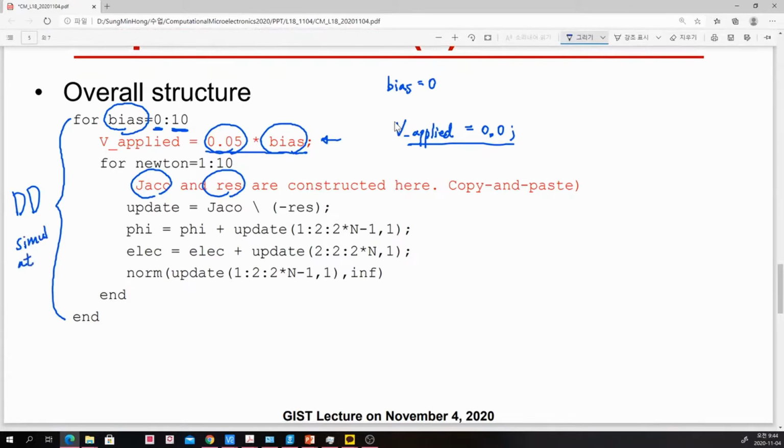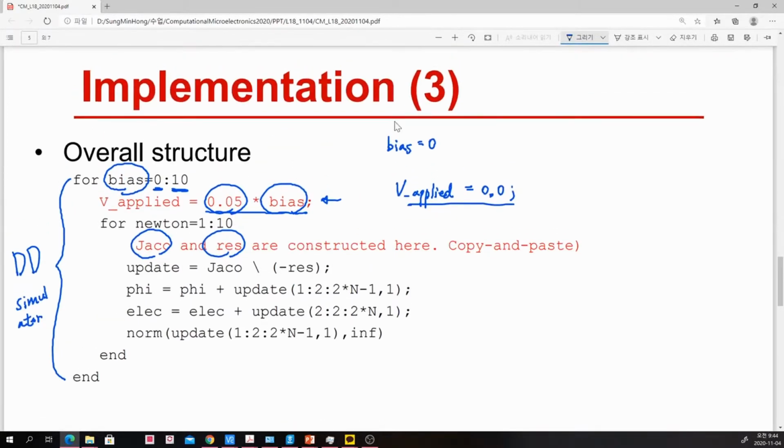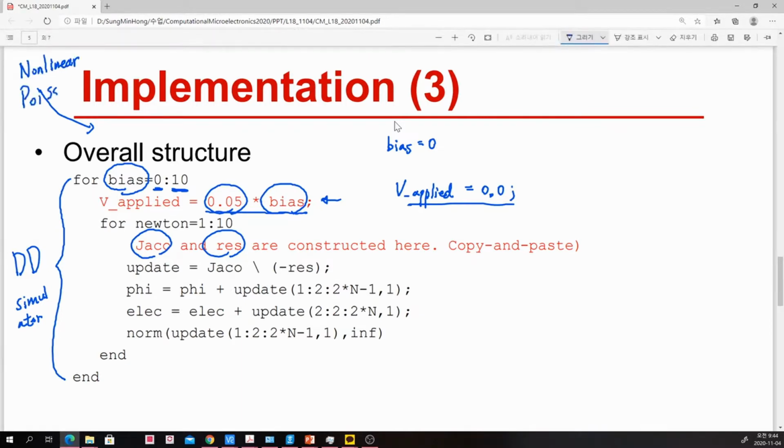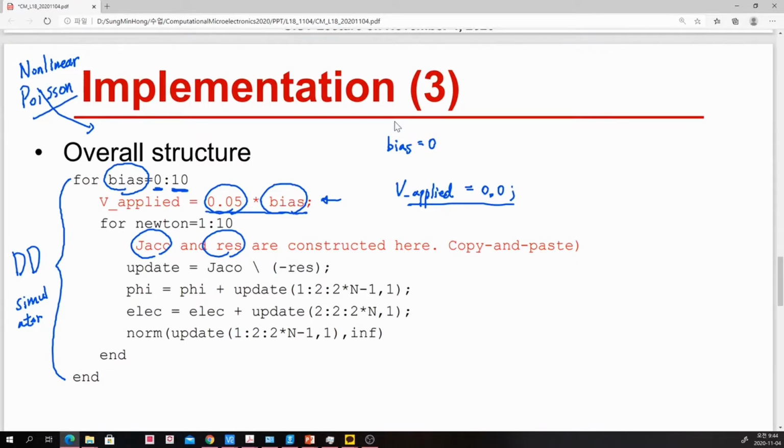So I mean that before entering into this part, you have to first learn your non-linear Poisson solver. By learning your non-linear Poisson solver, you will already have phi equilibrium and n equilibrium. We are now assuming the existence of the equilibrium solution.